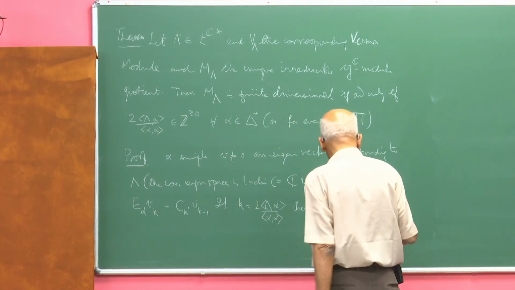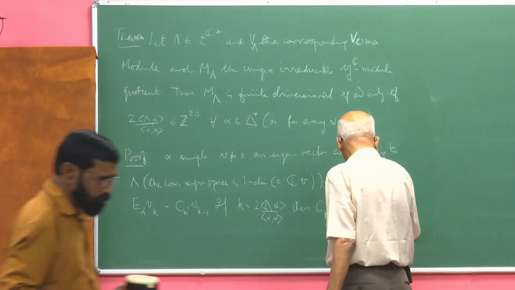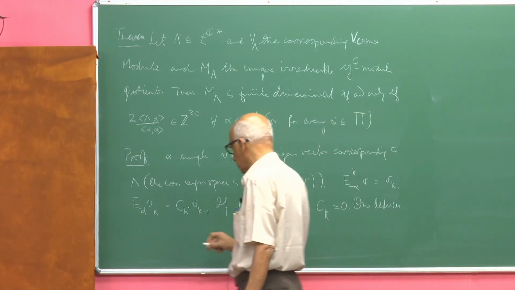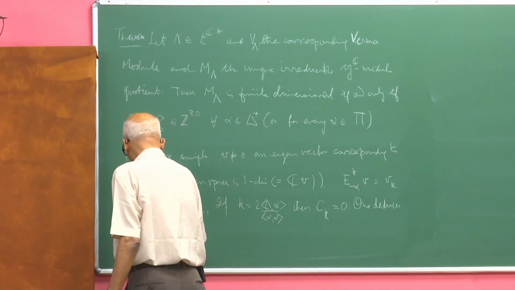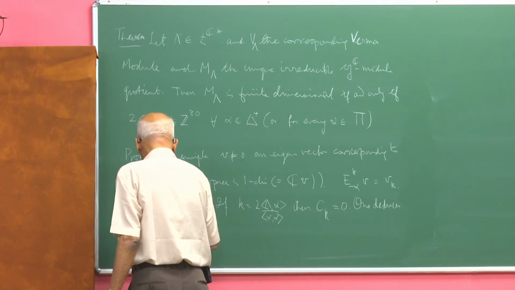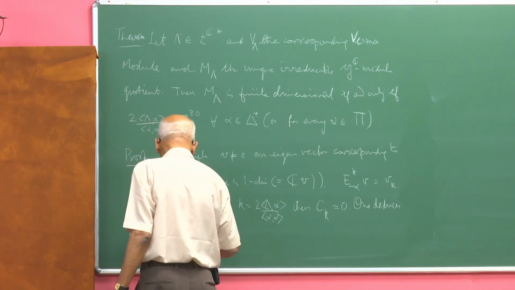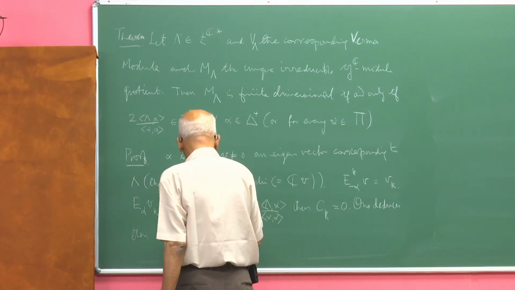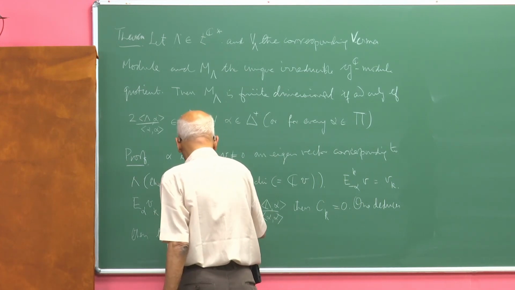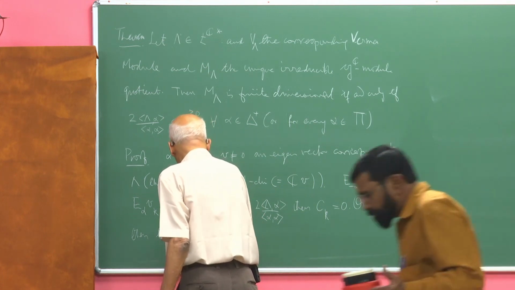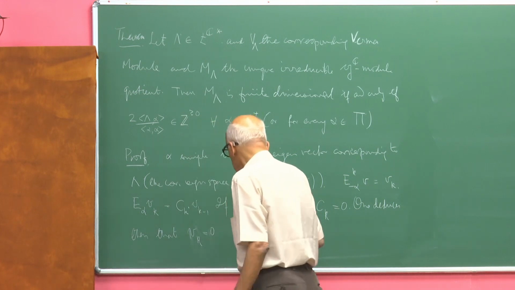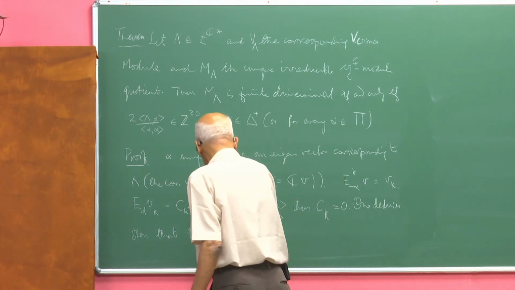So from this one deduces then that E_α v_k is actually 0. The point is, this is proved like this.